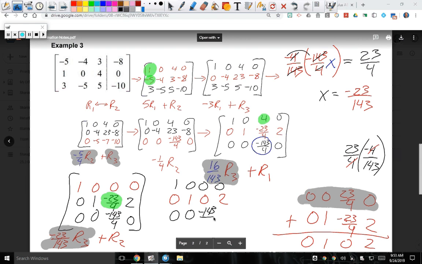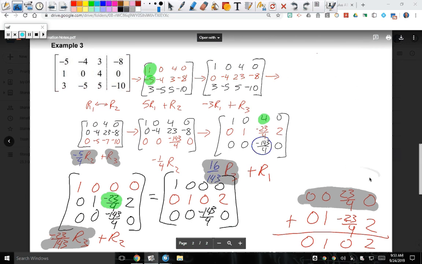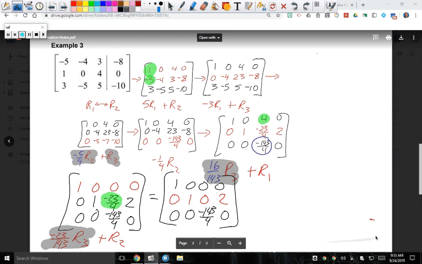One more. The only number that needs to change now is the last one, the negative 143 over 4. We want that to become 1. Okay, here we go. So if I have a negative 143 over 4 and I multiply it with something, I'm trying to get it to be a positive 1.